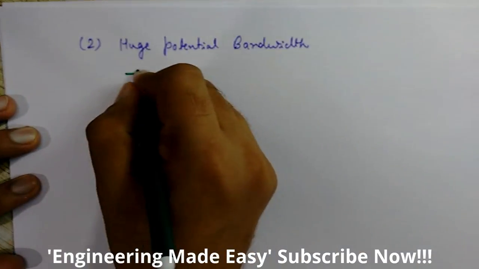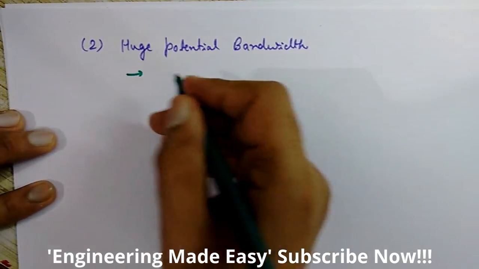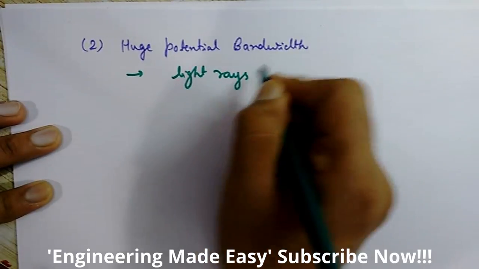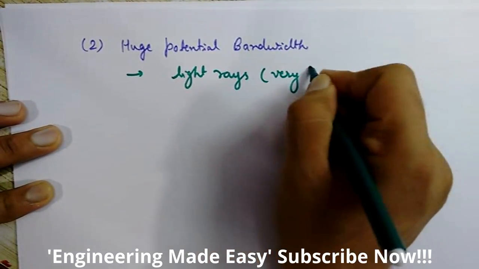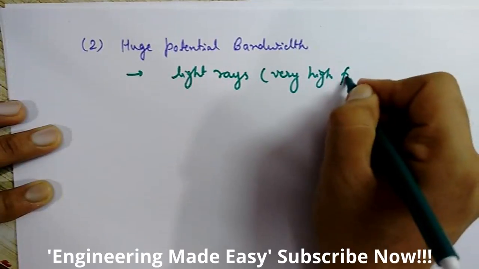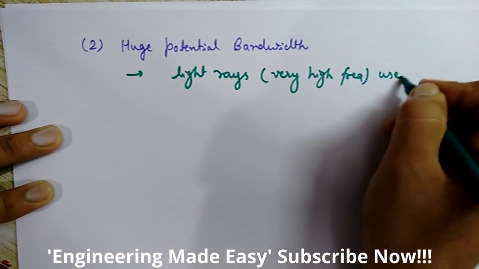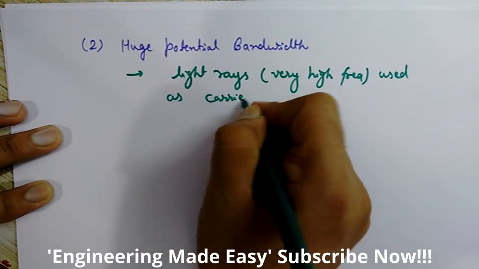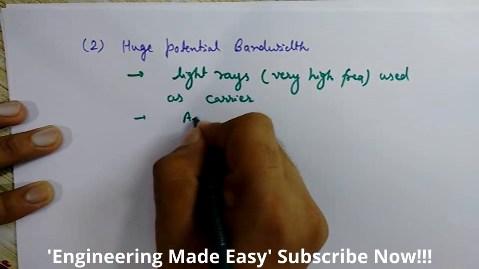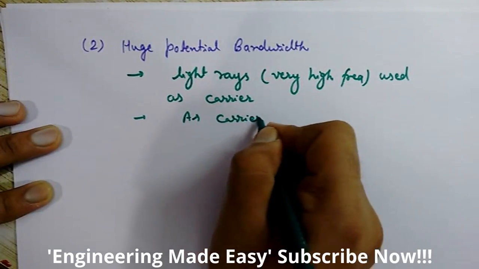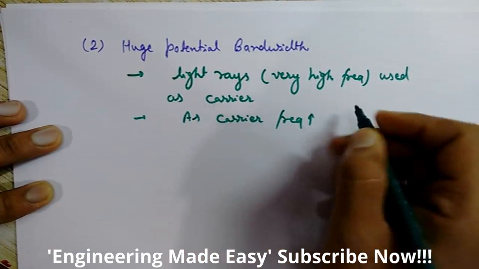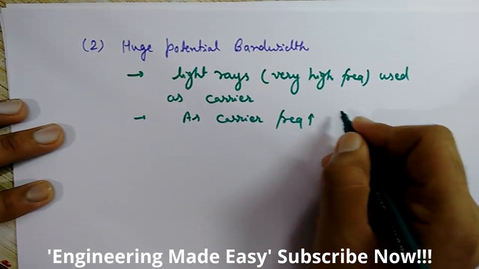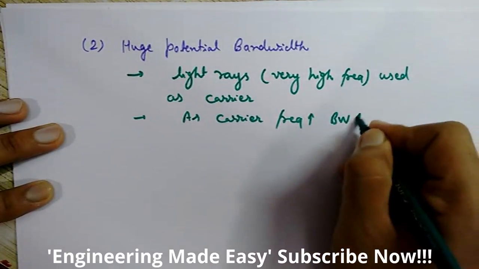So let's summarize these points. Light rays are used as the carrier. As the carrier frequency increases, the potential bandwidth also increases.